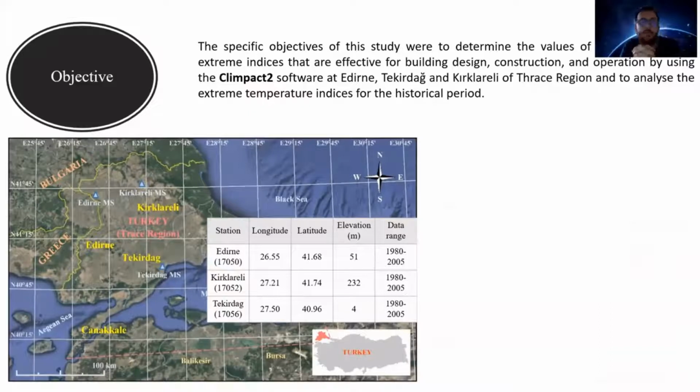We use complex software to analyze these indices and use the data of 3 stations within the Thrace region of Turkey, Edirne, Tekirdağ, and Kırklareli, and the data was supplied by the Turkish State Meteorological Service.